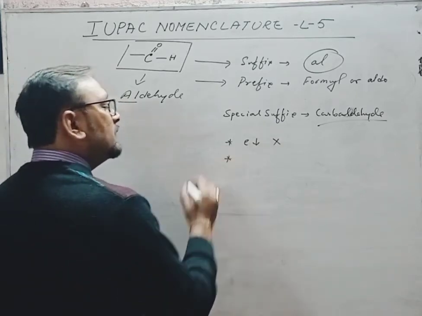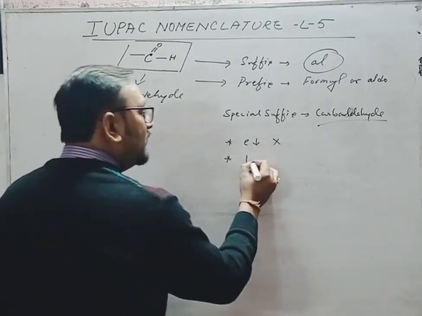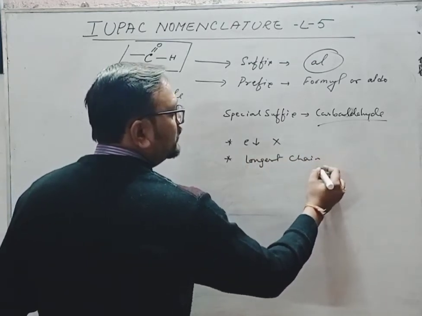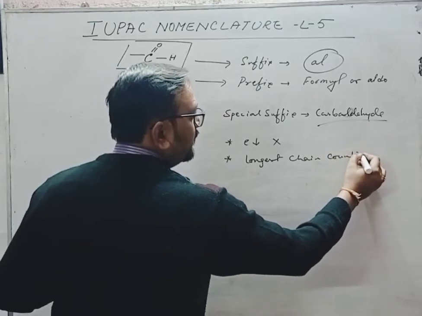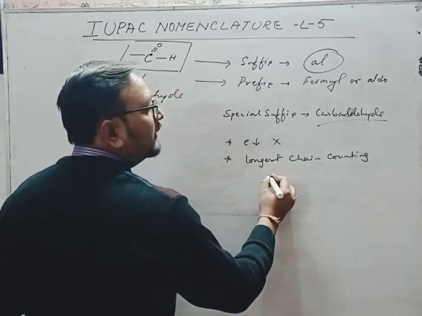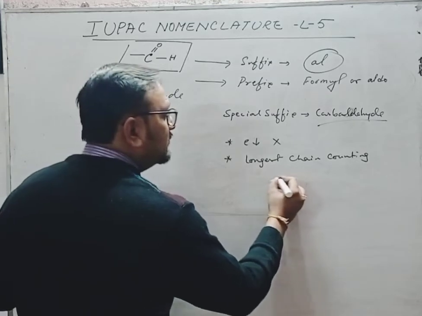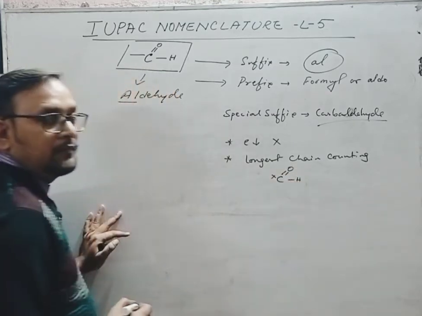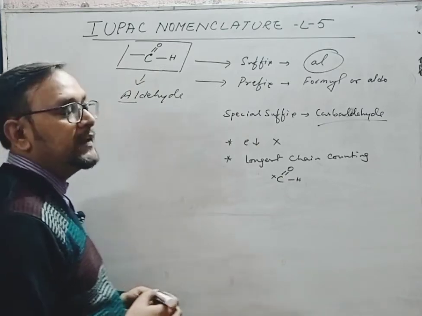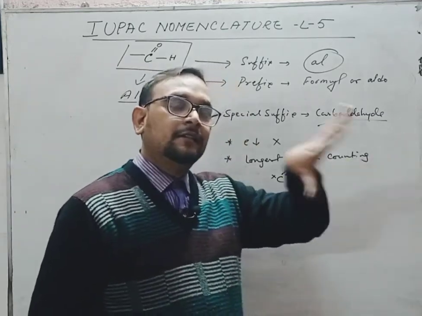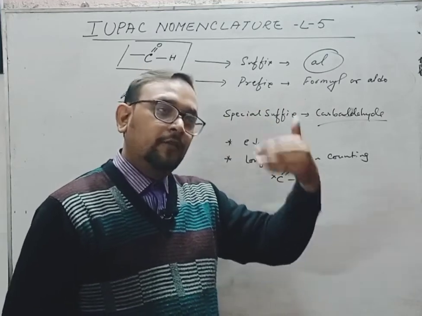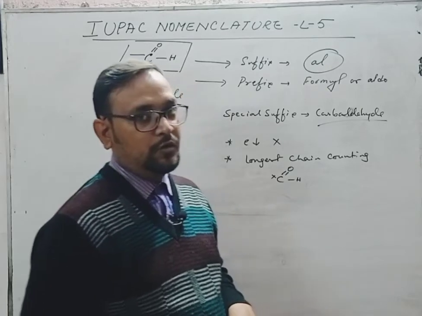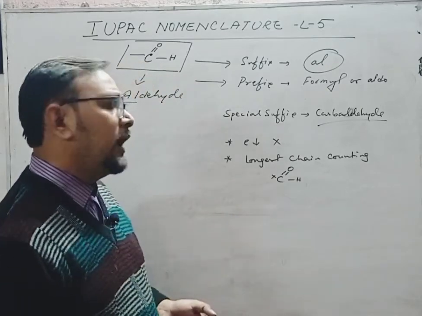The next important thing is that in the longest chain counting, we will not consider this CHO carbon. In previous cases, we were starting the numbering from the aldehyde group carbon, right? But this time we are not going to do so. Then how to name it?